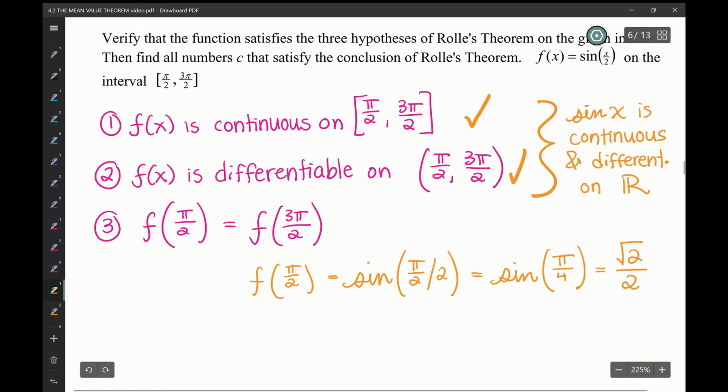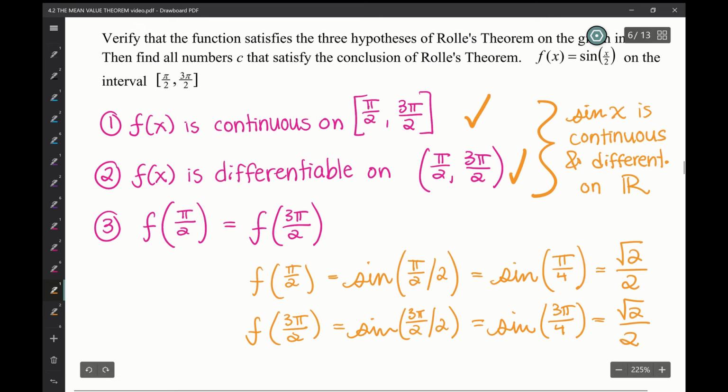We also have to find f of 3 pi over 2, which would be equal to the sine of 3 pi over 2 all over 2. So that's the sine of 3 pi over 4, which is also equal to the square root of 2 over 2. Since f of pi over 2 and f of 3 pi over 2 are both equal to root 2 over 2, that means that f of pi over 2 is equal to f of 3 pi over 2.